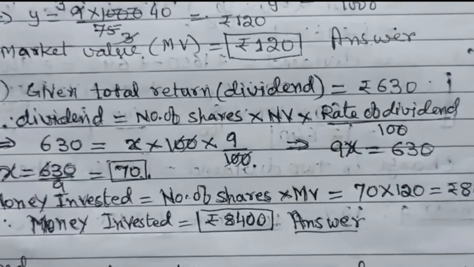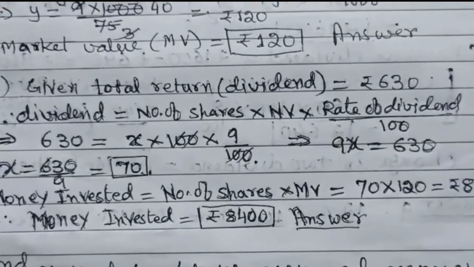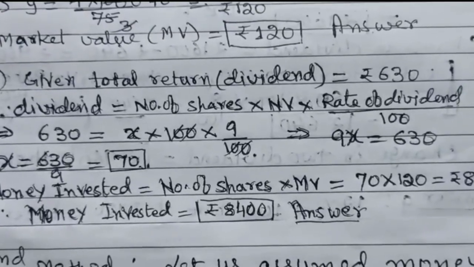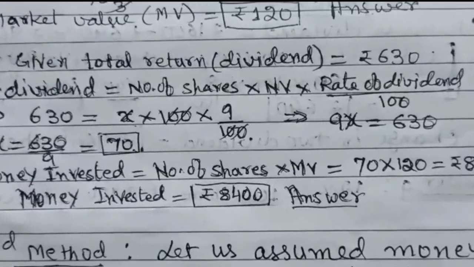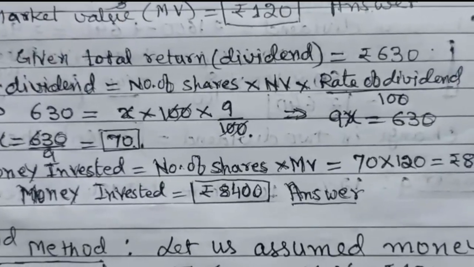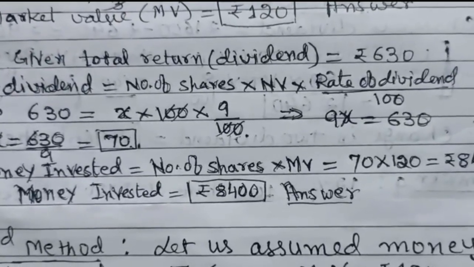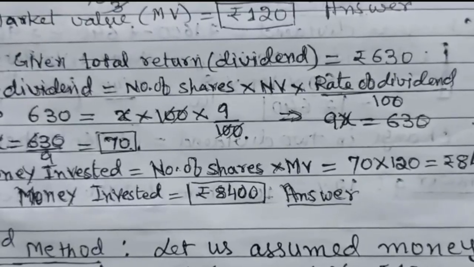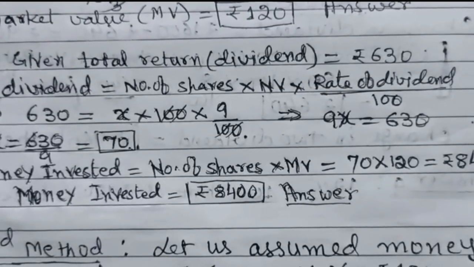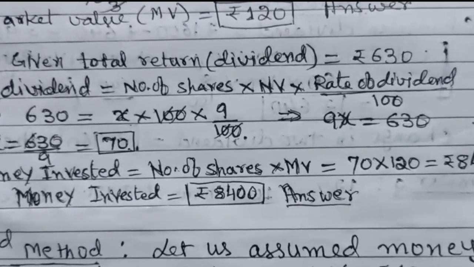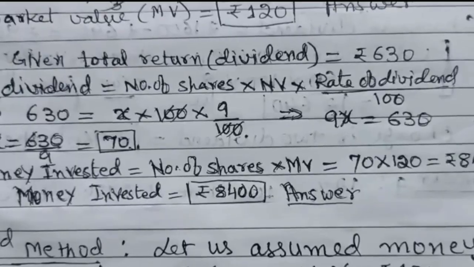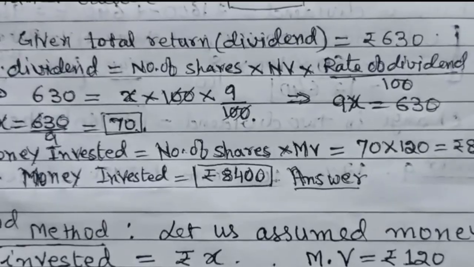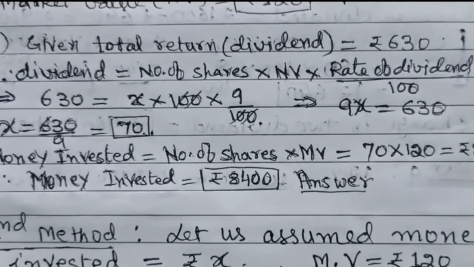Since the number of shares is not given, let us assume the number of shares, that is new shares, is equal to x. By substituting the relevant values, 630, the dividend, is equal to number of shares, which is x, nominal value, which is 100, into the rate, that is 9 upon 100. We get 9x is equal to 630 and x, that is number of shares, is 70.